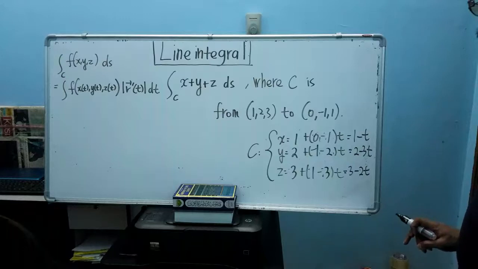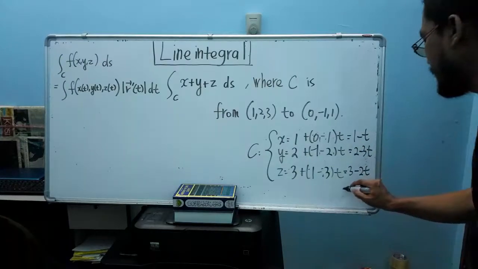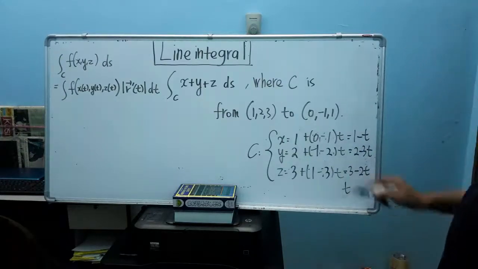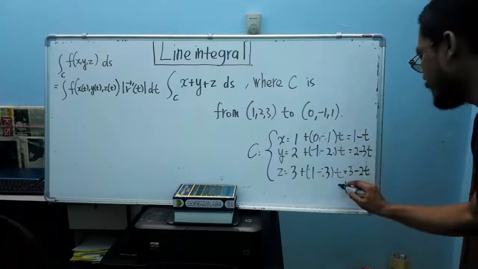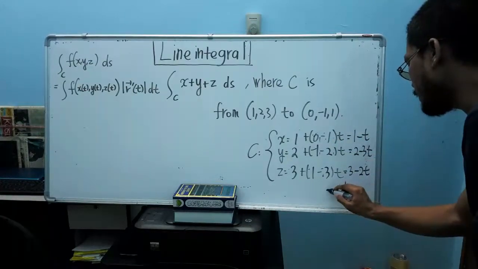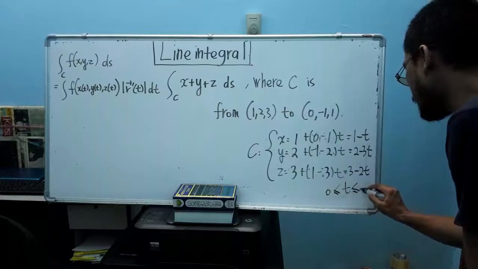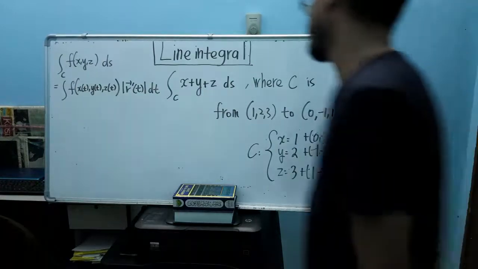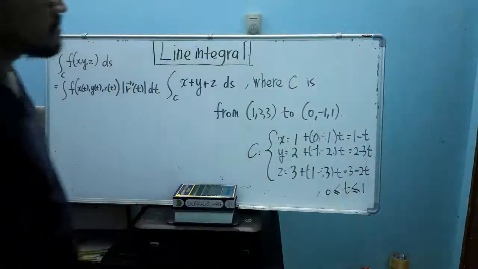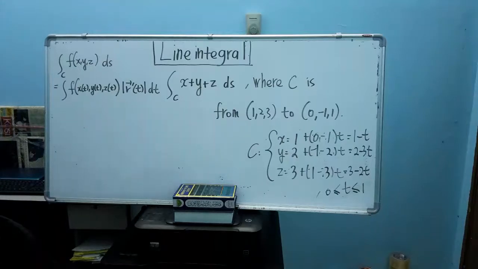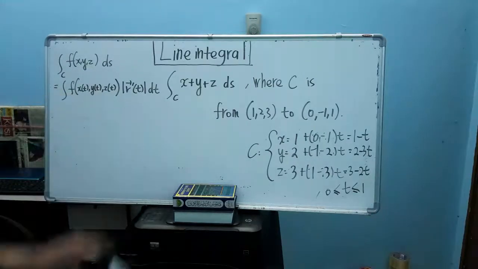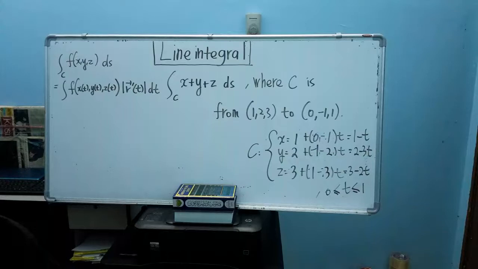Of course, since this is just a line segment, my t takes values from 0 to 1. So this is the parametric equation of C.